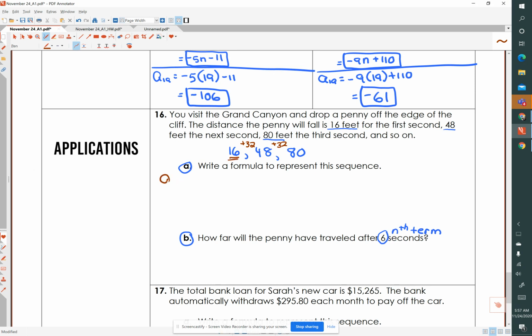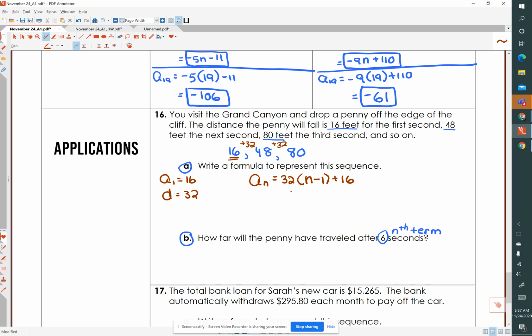So our a sub 1 is 16. Our common difference is 32. So first we're going to write the formula, which is the same as writing the rule. So a sub n equals 32, our common difference, times the quantity of n minus 1 plus the first term, which is 16.